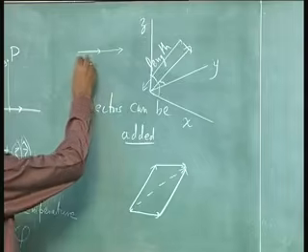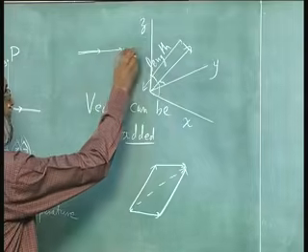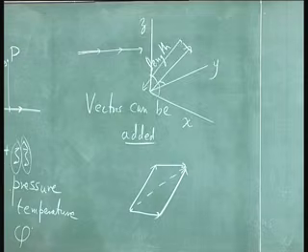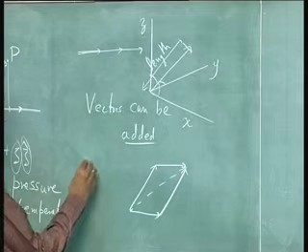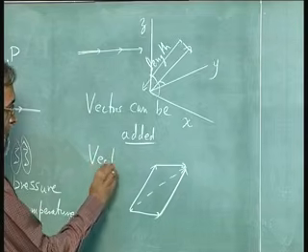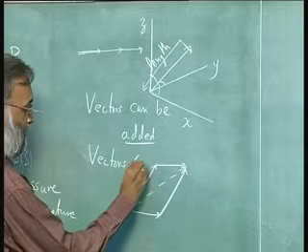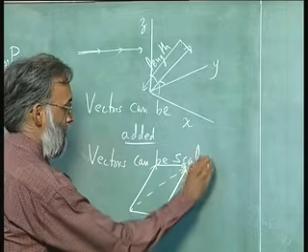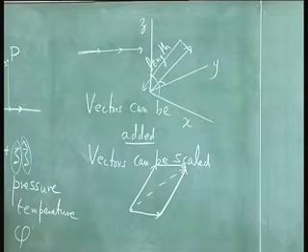If I want 3 times, I draw a line that is 3 times as long pointing in the same direction. So, vectors can be scaled and they can be added.